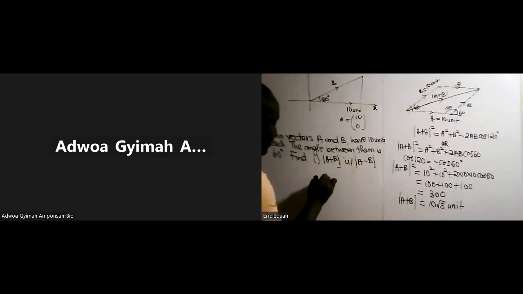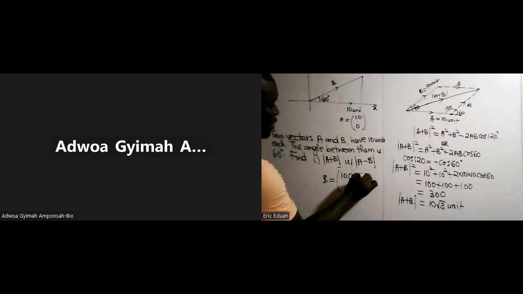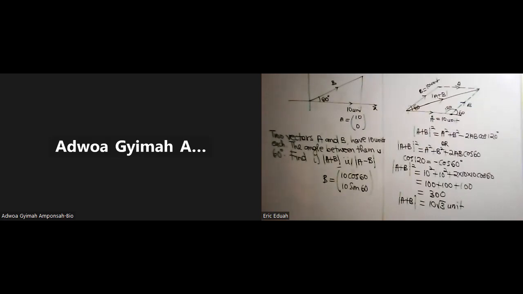So B resolved into components becomes 10 cos 60 and 10 sine 60. So the components of B become 5, since cos 60 is half, and then 5 root 3. So I have resolved A and B into components.